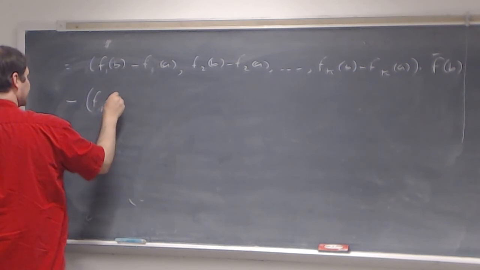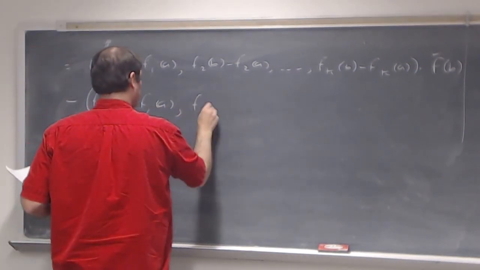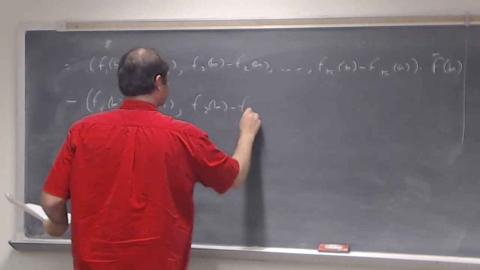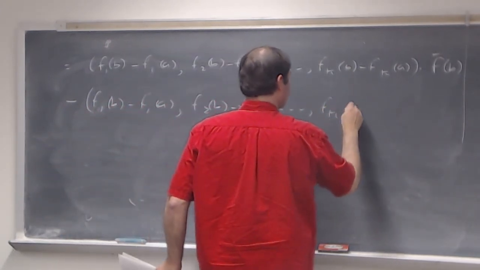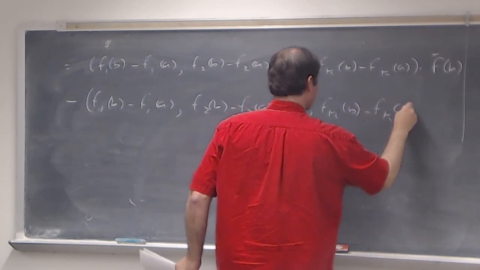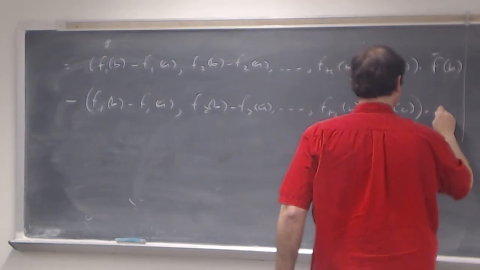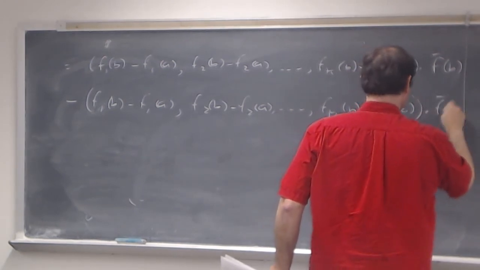So F1 of B minus F1 of A, and then F2 of B minus F2 of A, that's what we had, all the way up to F sub K of B minus F sub K of A times, here it's F bar of A.